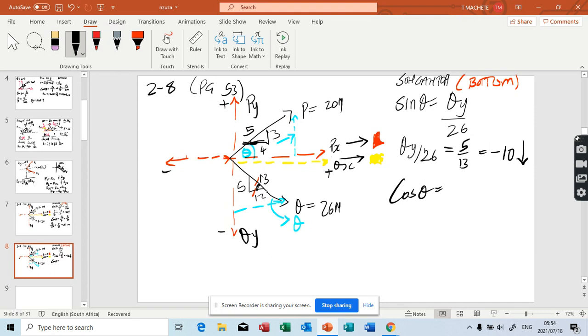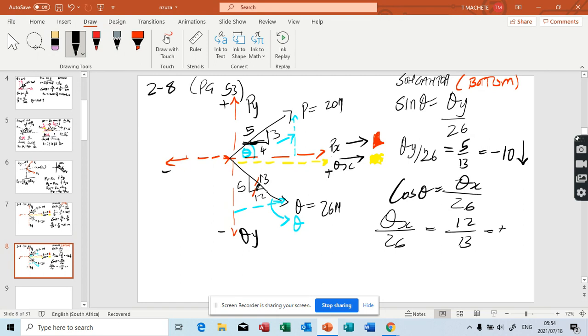And then for x, QX, how do you find QX? QX over 26 will be equal to, okay, then this one will be positive.